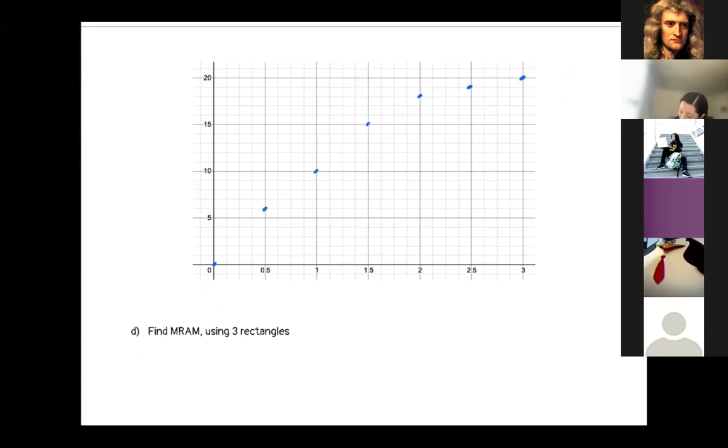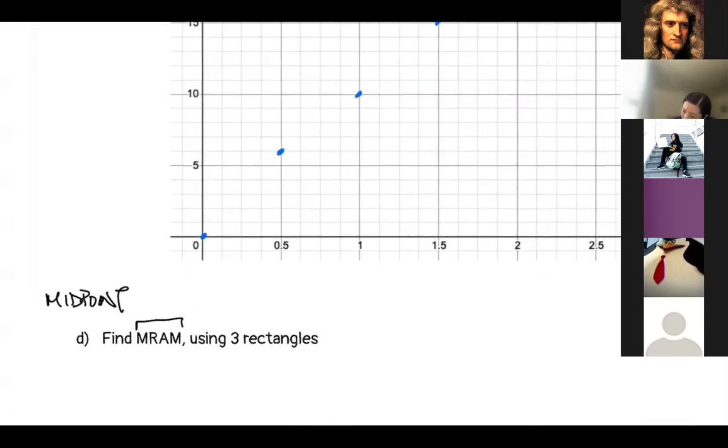Okay, so M here stands for the midpoint. That does not say point. The midpoint of each rectangle. Okay. So just like we have the left and the right, there's one that happens in the middle, and there's a good animation on that Desmos activity to help you figure that out. Okay.